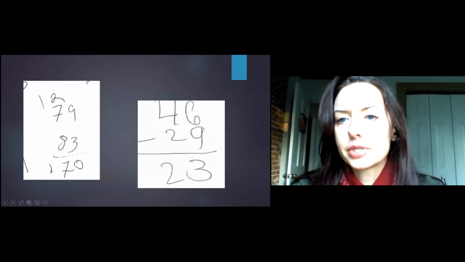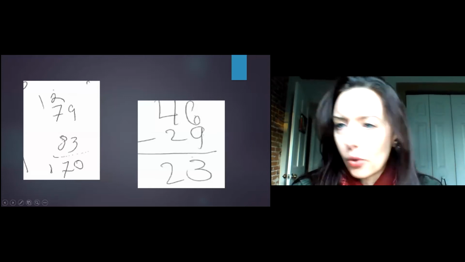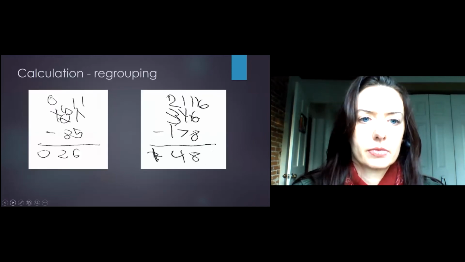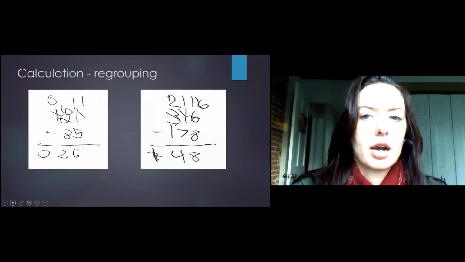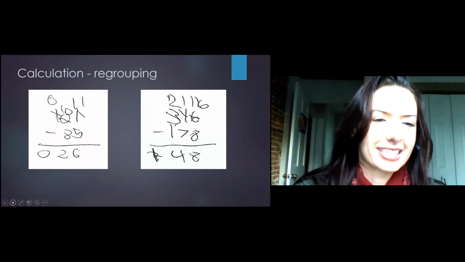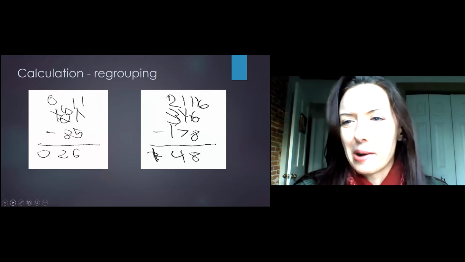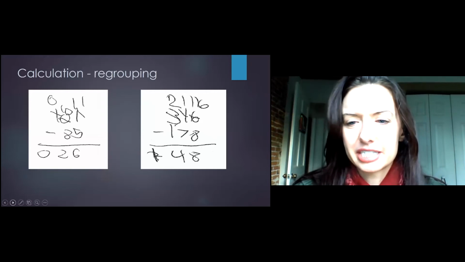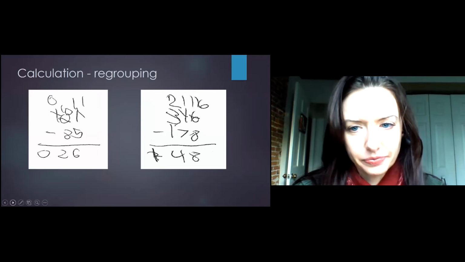This is another student on the right, total disregard for regrouping with subtraction. I see this a lot as well. Sometimes students just go crazy with the regrouping because they learned it and then it wasn't solid in their conceptual understanding.